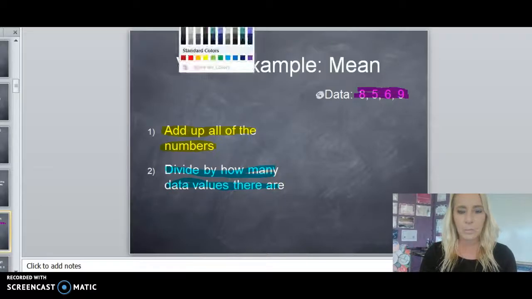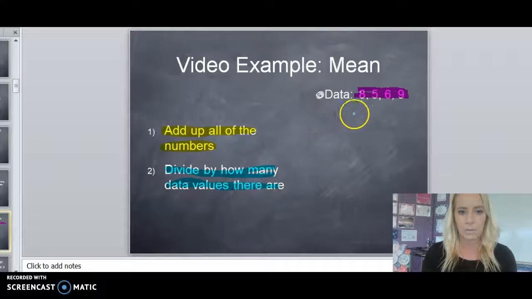The first step is we are going to add up the numbers in the data set. So I'm going to add 8 plus 5 plus 6 plus 9.